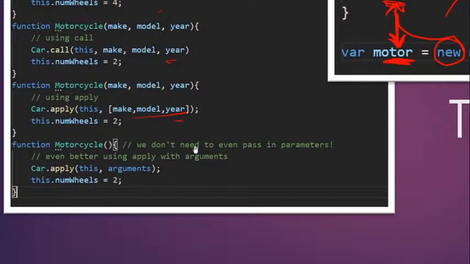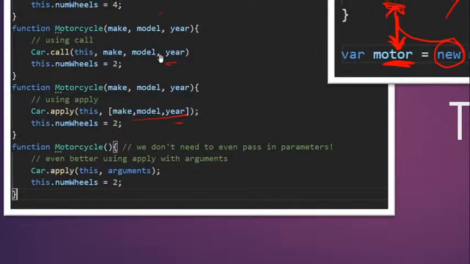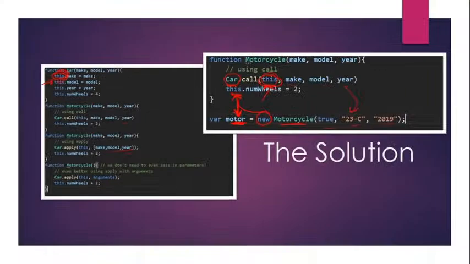And as you can see in the comments, we don't even need to pass in parameters, so it's even better using apply with arguments, because in the call method we had to pass parameters, but we can use the arguments keyword hand in hand with the apply method, which will do exactly the same work but in a shorter, refactored manner. It's more enhanced, it's more advanced, and it's pretty interesting to see, okay.